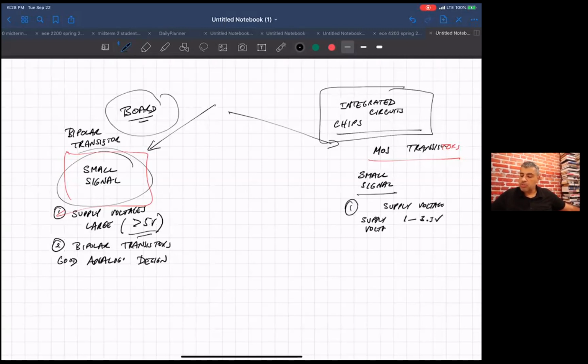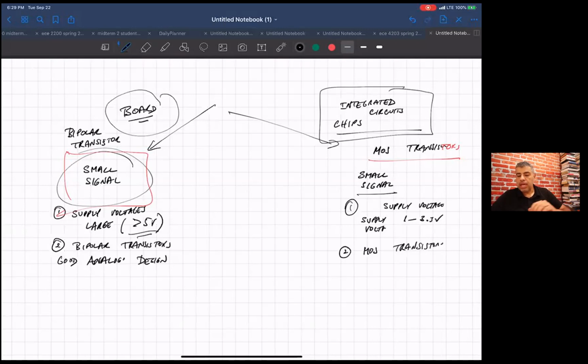Your supply voltages are small, and two, MOS transistors were made for digital design. They were created, and still mainly created, so you just turn them on and off. And we take them and use them for analog design for various reasons, and they just aren't as good as bipolar transistors with high voltage to do analog stuff. They're really good in doing digital design, but they're not so good in doing analog design.